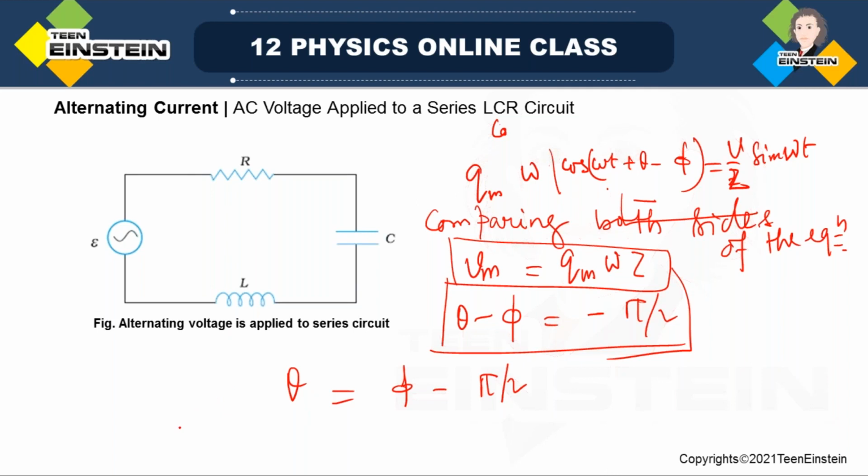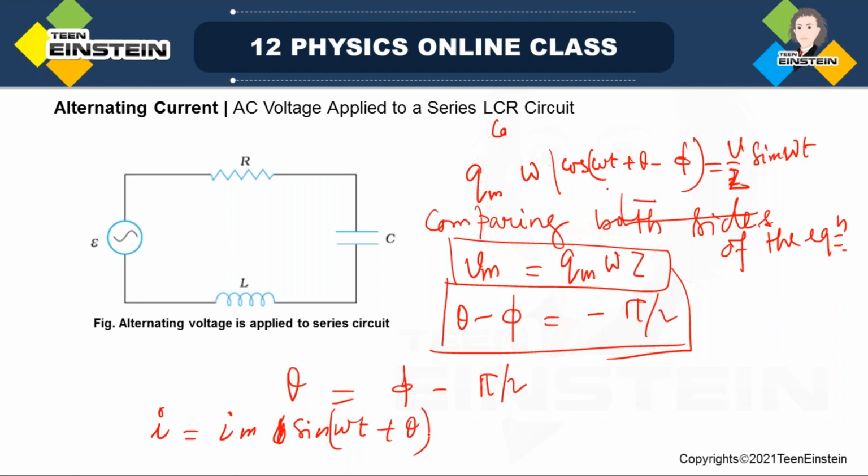Now, what we had taken as the arbitrary current is I equal to Im sine of (omega t plus theta).